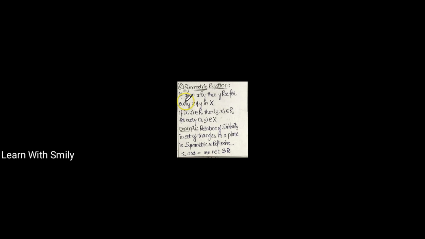Okay, so when we are taking an element x with some relation with y, then y relation of that x. Suppose we are taking less than or equal to, right? So suppose we take less than or equal to and we are taking two elements of the set, then y relation x for every x and y in capital X, meaning every element in the set.